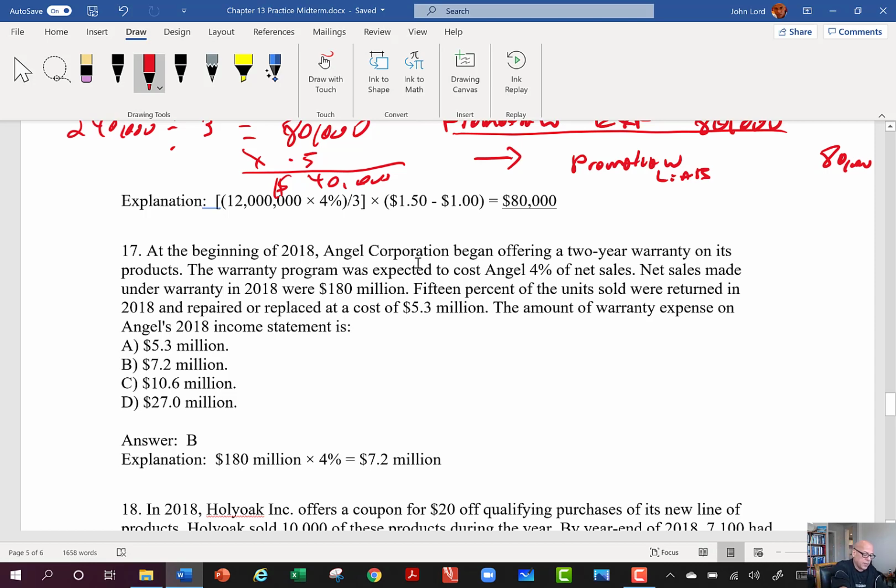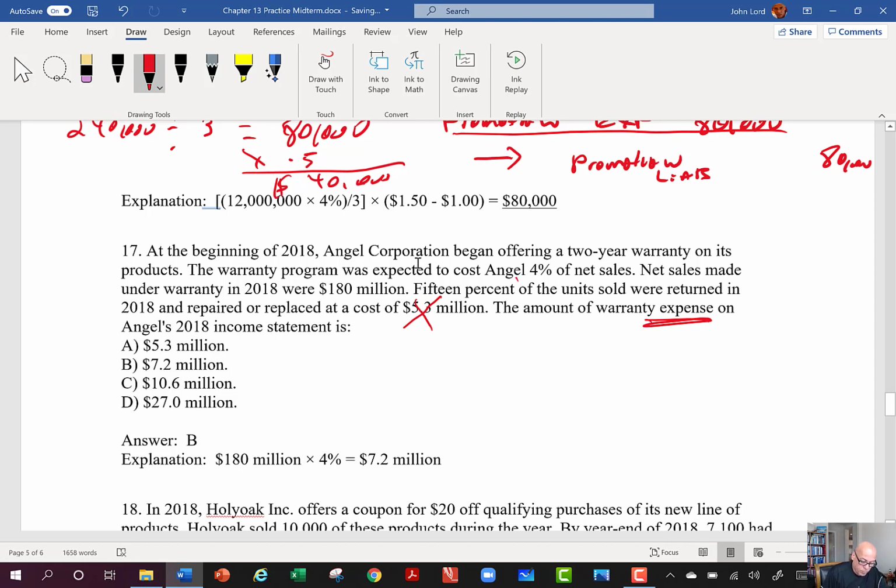Okay, so you need to get out of the mode of looking at the cash that they paid out as potentially being the answer for the cost of the warranty, or the warranty expense, I should say. The expense is based on your estimate of what's going to come in on the warranty.